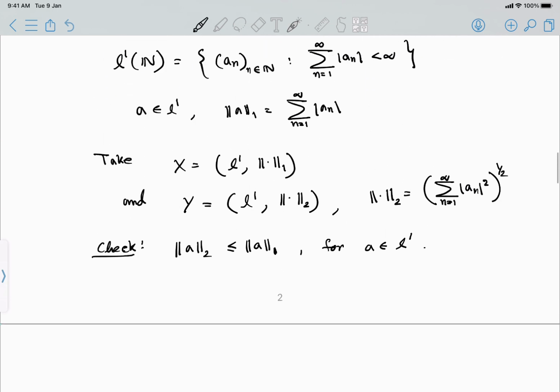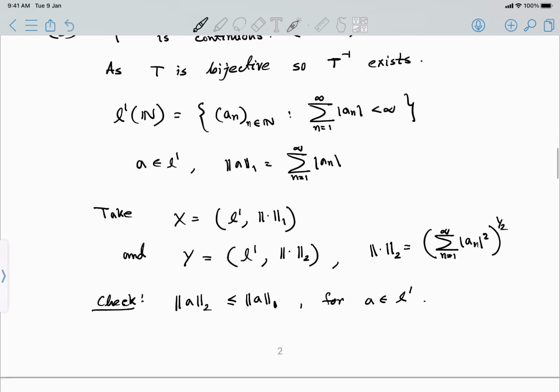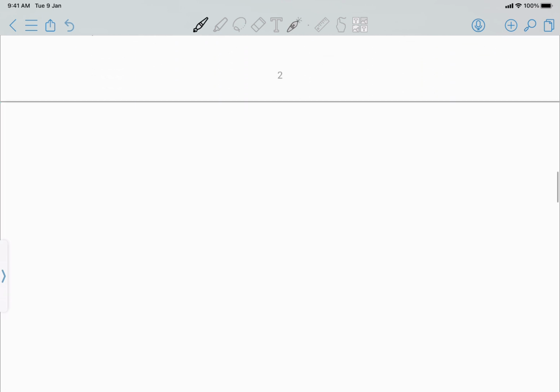Okay. So these two spaces are fine: X is L1 with the L1 norm and Y is L1 with the L2 norm. Now we define a linear operator, and you have to check that T inverse will not be continuous. So define T from X to Y, again the identity map, T of x going to x.